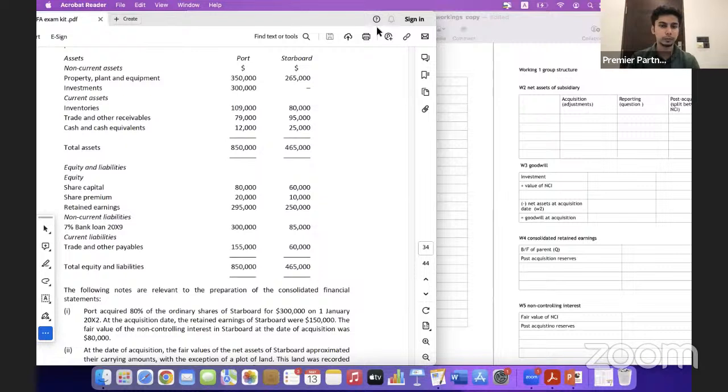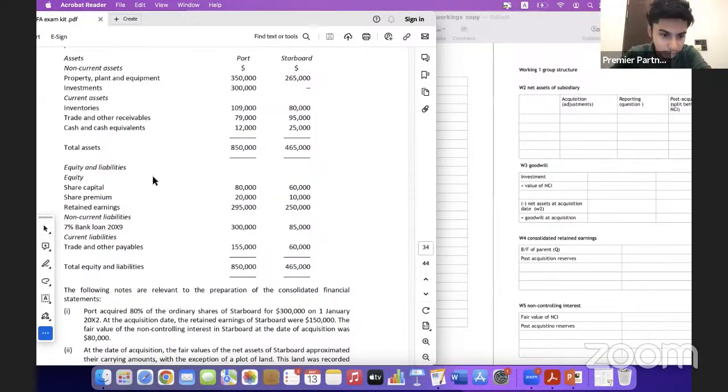You need to show, okay, we bought this company at this percentage and this much is left. Sorry, the very first thing you need to do is set up the group structure.